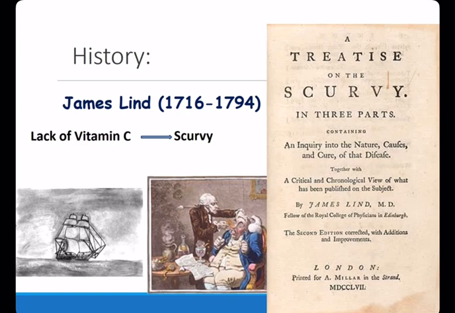Therefore, James Lind, as a clinician in the navy, tried 6 different types of medicines to cure the scurvy, including citron and oranges. Within these groups, he finally found that the scurvy was cured by eating citron and oranges.